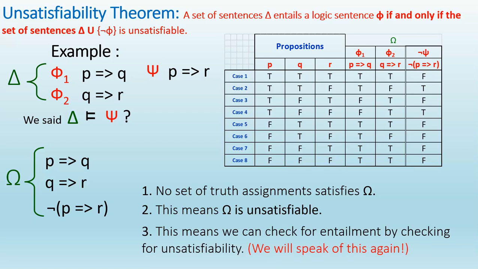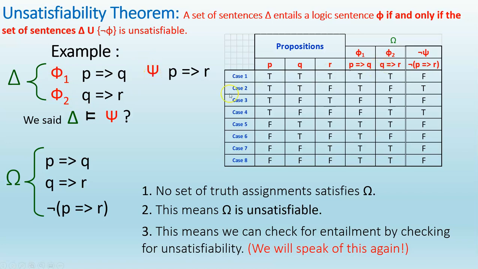Okay, I hope that was helpful. Let me take a step back and try to say it clearly. If we are asserting that these two entail this, that is to say, phi 1 and phi 2 entail psi, that means every time those two are true, this one also has to be true.